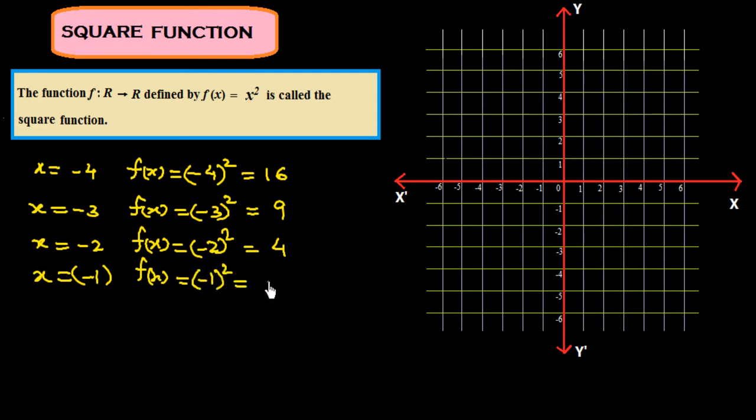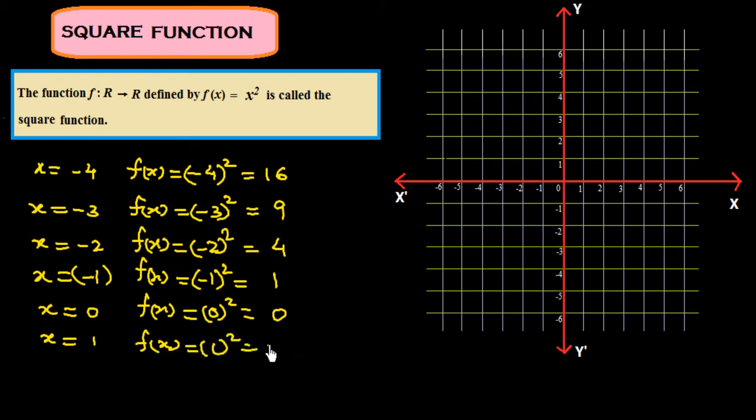which is 1. If we have x = 0, then f(x) = 0², which is also 0. Now if we have x = 1, f(x) = 1², which is 1. If we have x = 2, we get f(x) = 2², which is 4.